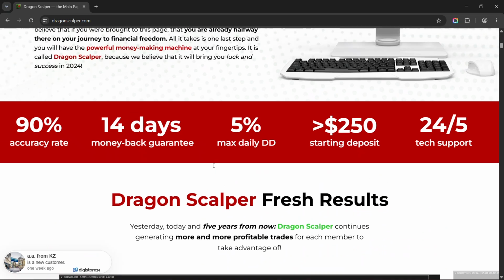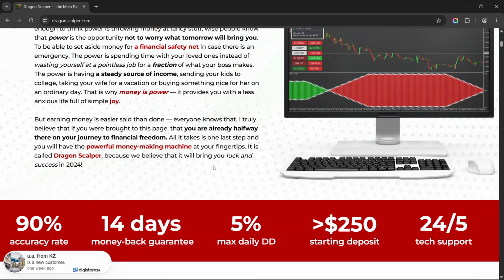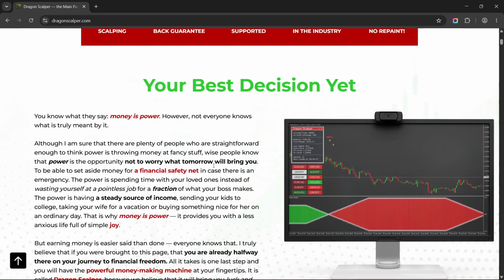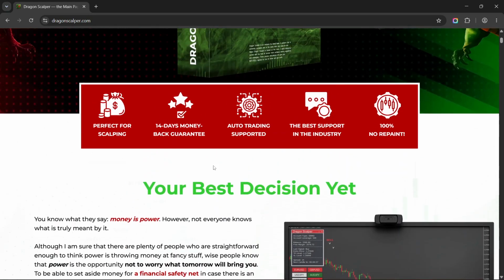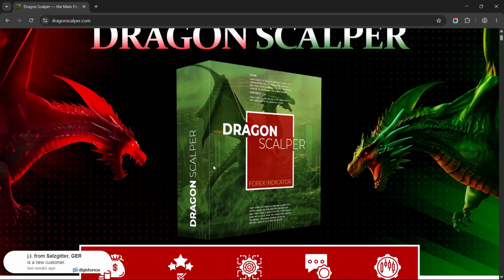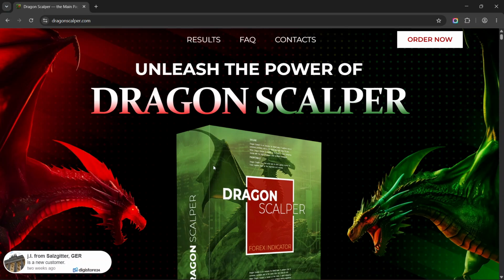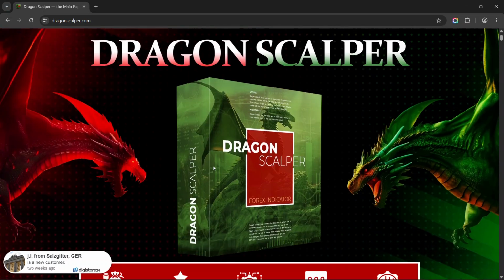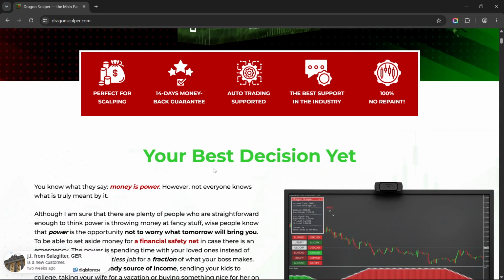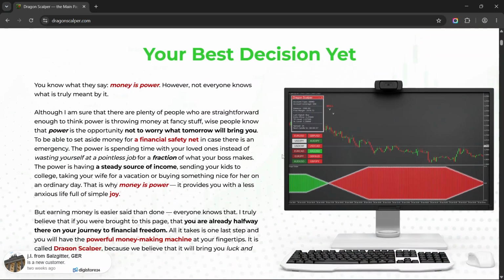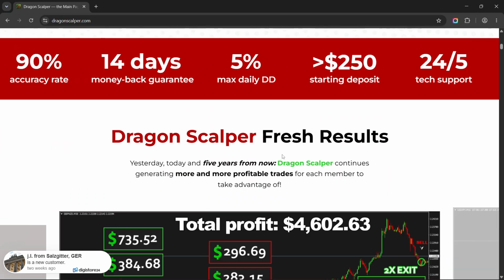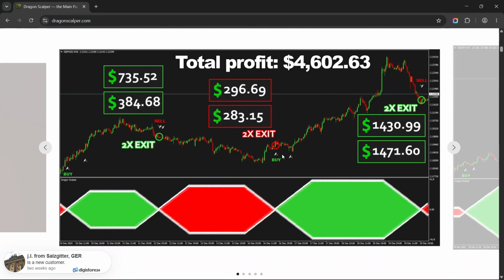There's also a scanning dashboard that watches around a dozen currency pairs and colors them darker or lighter green for buy side strength, darker or lighter red for sell side, and white when there's no clear trend. When the algorithm decides a trend is strong, it can fire what they call extra signals. Basically, a second entry in the same direction so you can stack positions, as you can see over here.